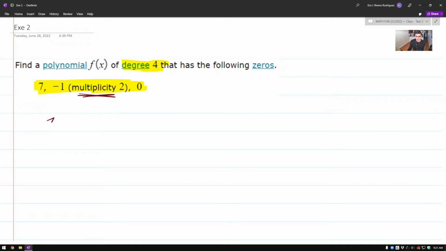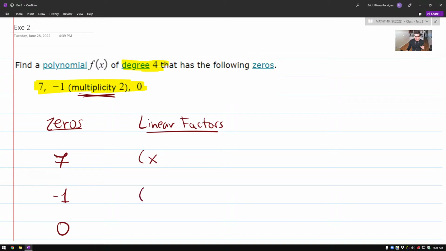So let's start with the zeros. We are going to make the list of the zeros that we have: 7, -1, and 0. Remember, the zeros of the polynomial are related to the linear factors of the polynomial. How are we going to write those linear factors?